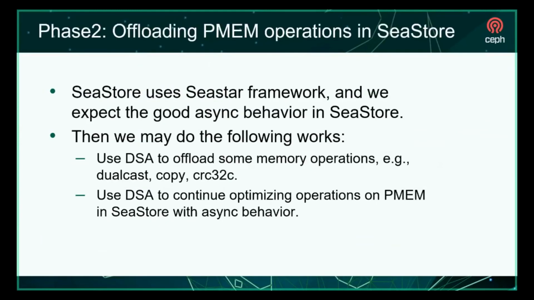And in phase 2, we want to still offload persistent memory or memory operations in Crimson, because Crimson uses the Seastar framework, and we expect good async behavior in Crimson. So we will do the following work when Crimson is stable.